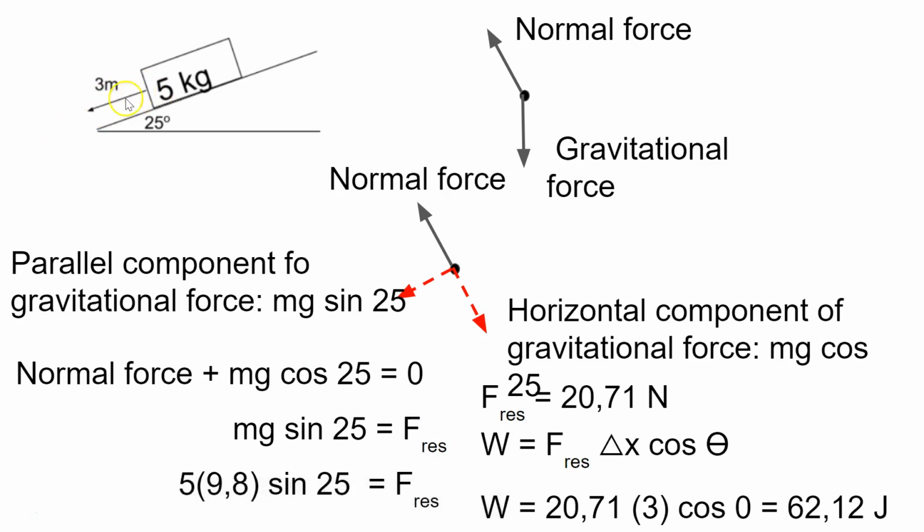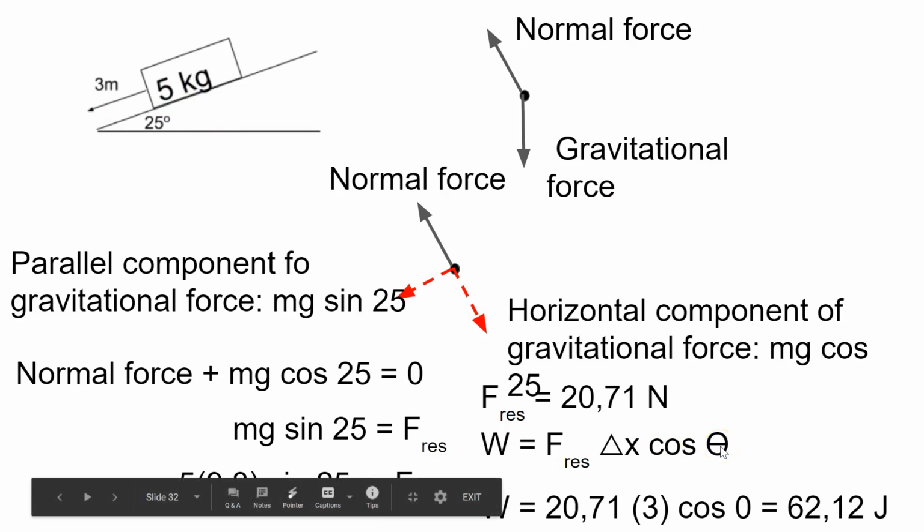The parallel component of this force is also acting in this direction, so the angle between these two is 0. A number of learners, if they see theta, look for any theta on a sketch. So often we see that a learner would typically put in here the value of 25. Make sure that you understand these values.